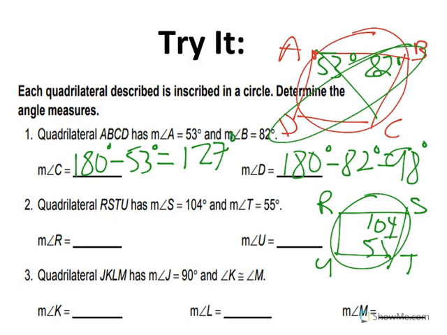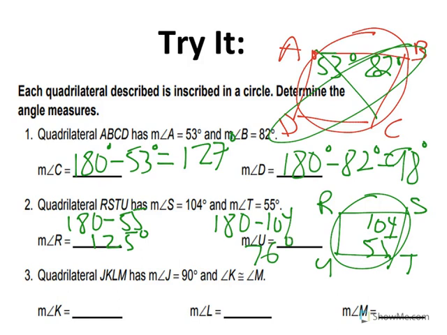So then R is 180 minus 55, so it'll be 125 degrees. And angle U is 180 minus 104. So U is 76 degrees. Right? Okay, and we can do the same thing for number 3.